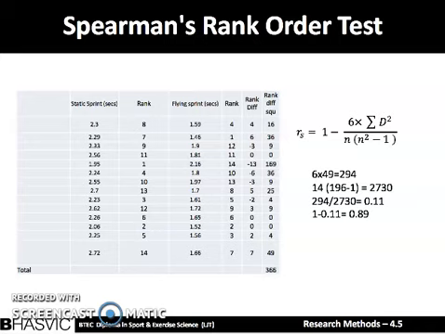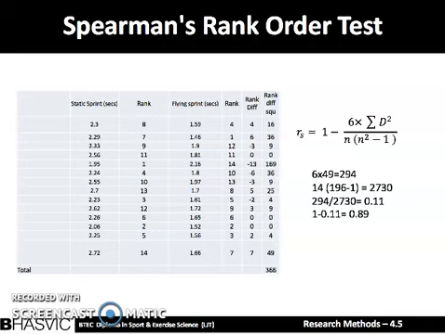And then moving on from that, you're going to do 14, which is n, so the number of participants. And then in brackets, you're going to have 196 minus 1, because you have n squared, so 14 squared is 196, minus 1, 196 minus 1 is 195. 14 times 195 equals 2,730.